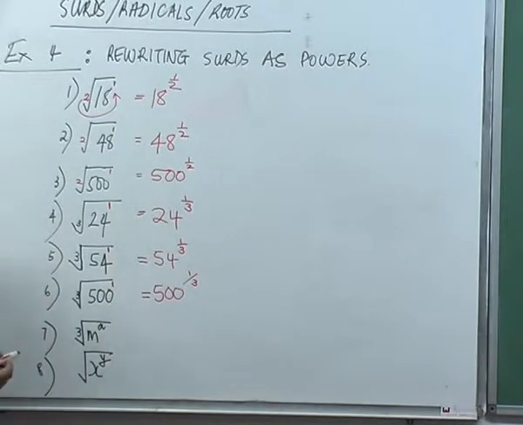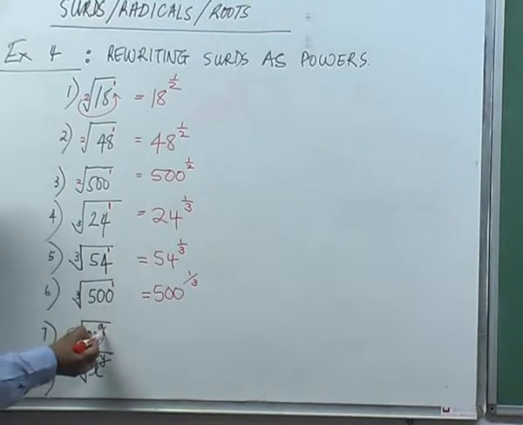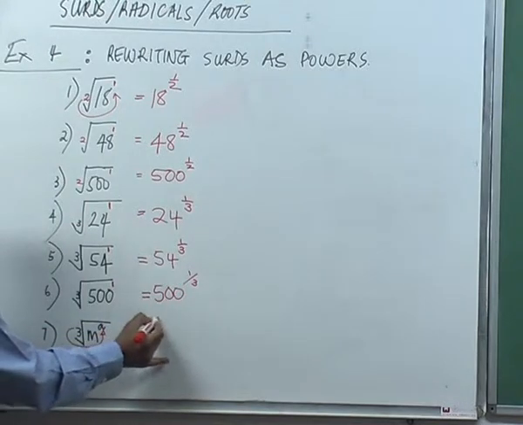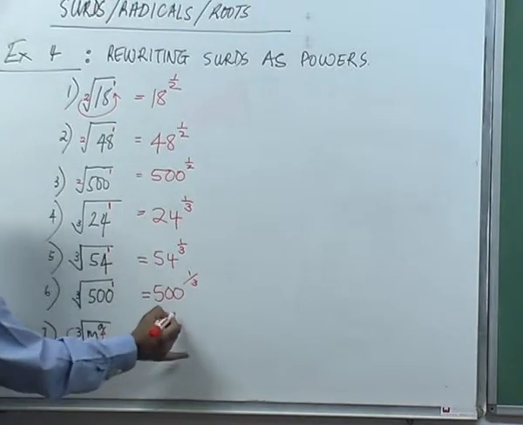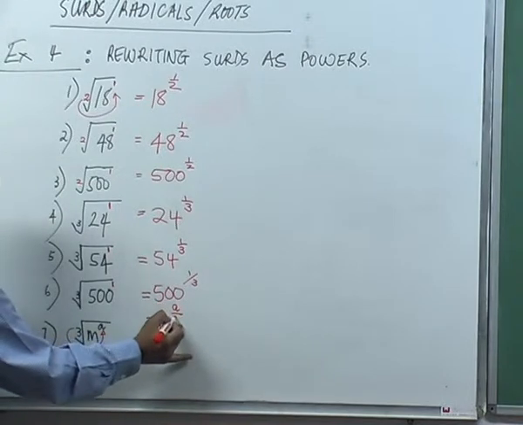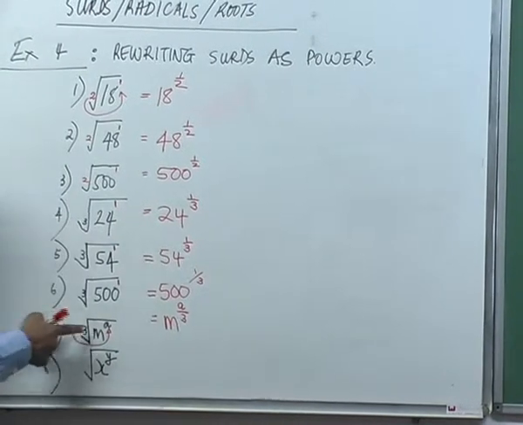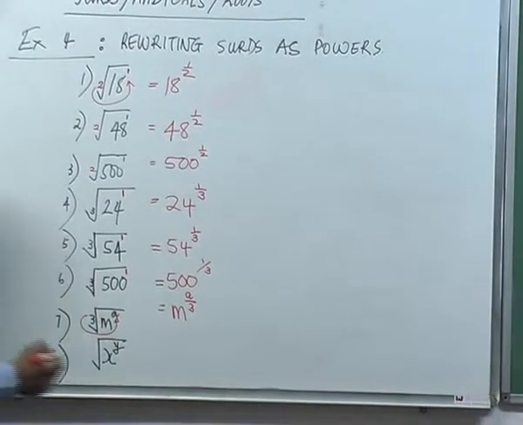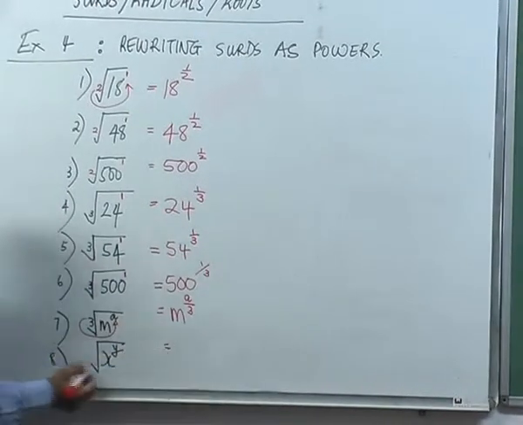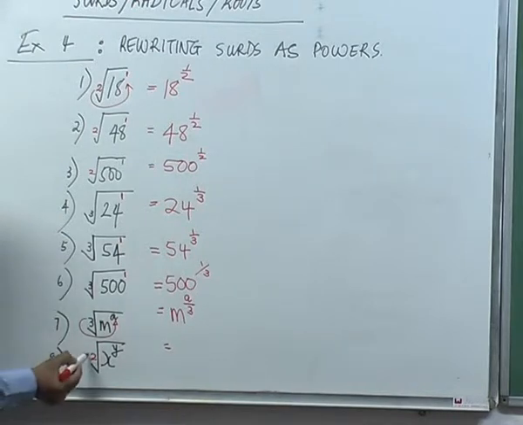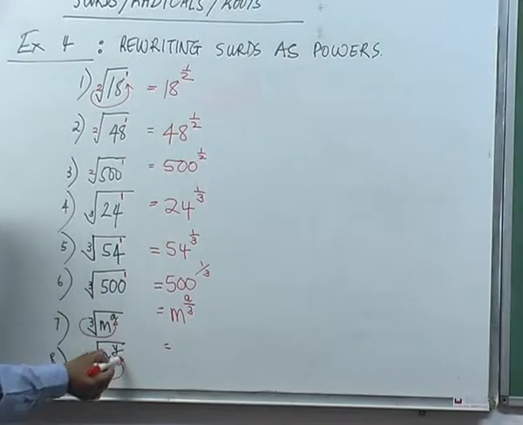Now, there's an A here, so this 3 becomes a denominator. So there's the M, which is the base, there's the A here, and the 3 becomes the denominator. Right? And finally, in the last one, it is square root. Therefore, the number understood here is 2, and the 2 becomes the denominator.